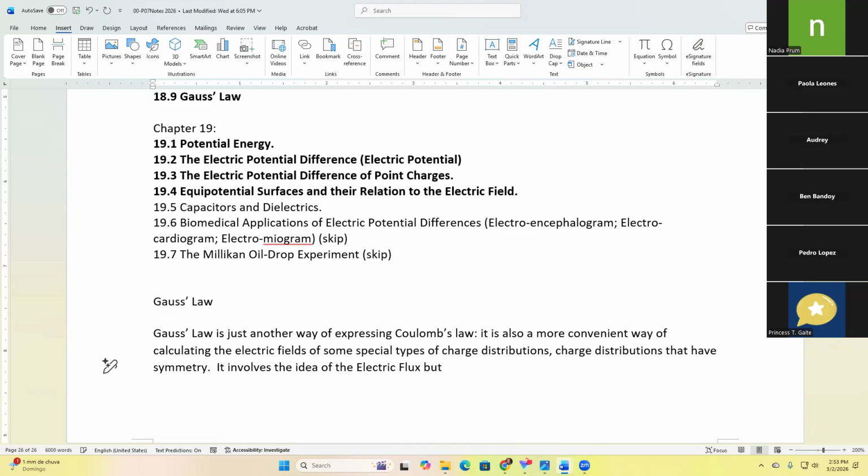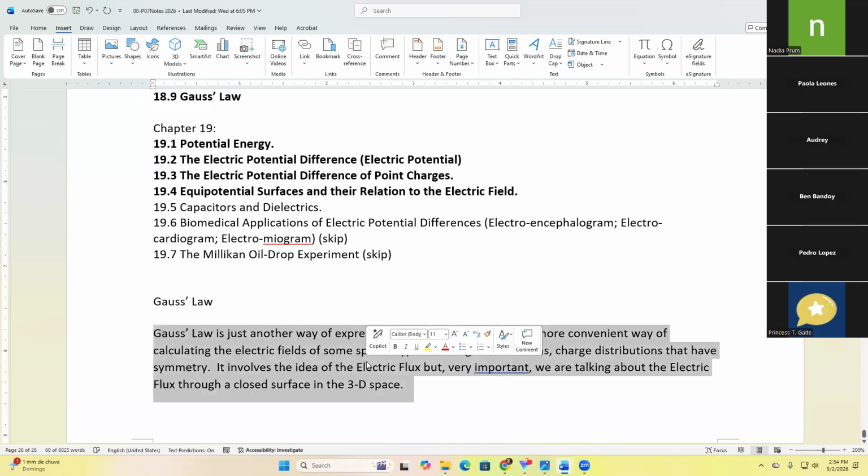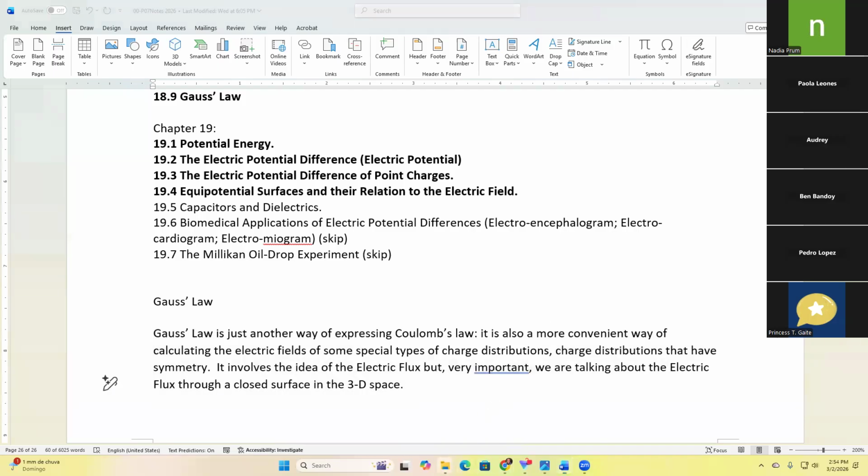But, very important, we are talking about the electric flux through a closed 3D surface in the 3D space. It's not just an open surface, but a closed surface. Keep that in mind. Okay, let's go back to our illustrations here.